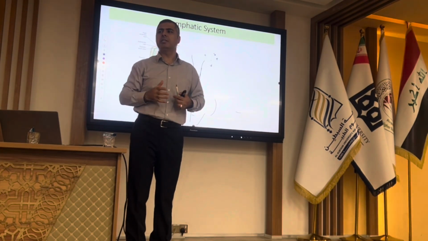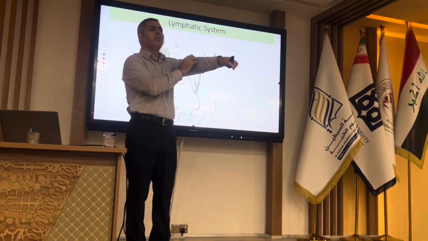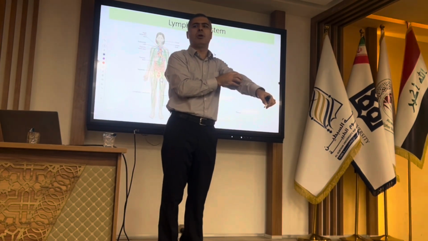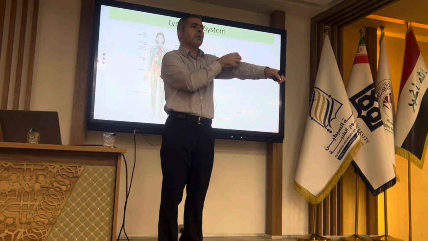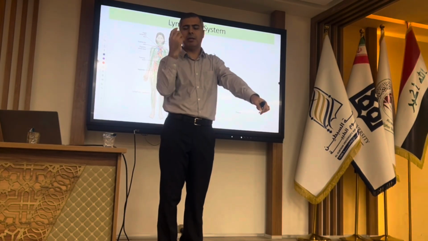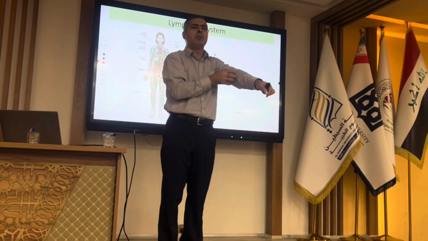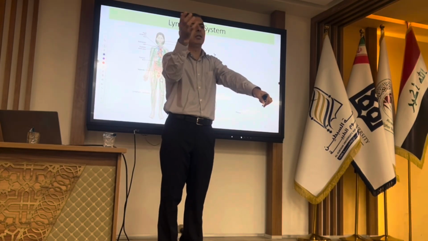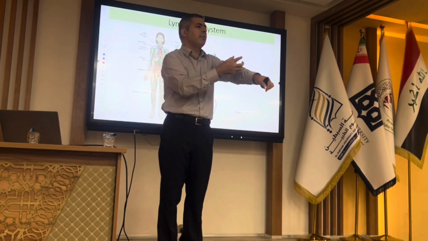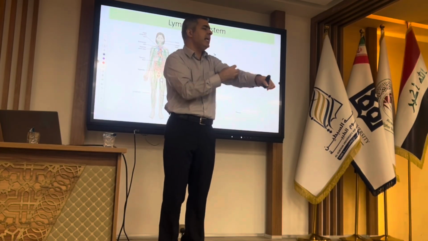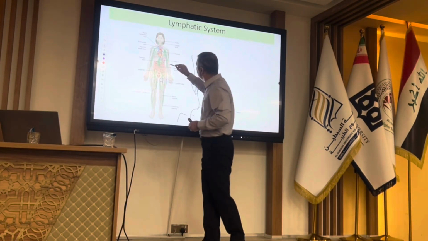How can the immune system check the tissues for the presence of, for example, microorganisms? By absorbing the interstitial fluid, which might have microorganisms or foreign antigens or not, by sampling them and taking the fluid to the nearby lymph nodes.